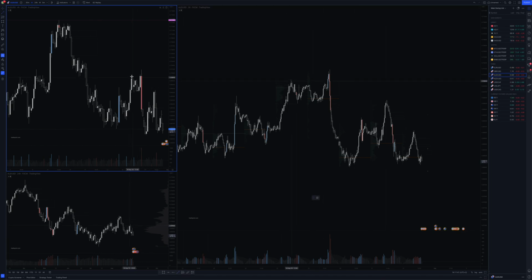But let's say that you have a really clean level in here, where it's just simple SR. This is previous level of support, going to be tested as resistance, and market just stops under this for a second.